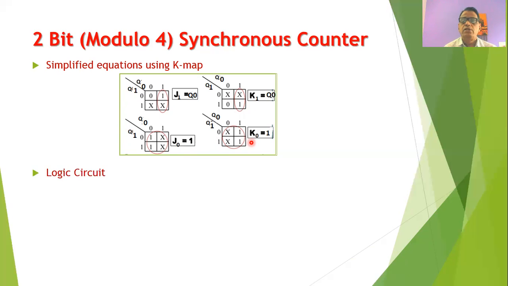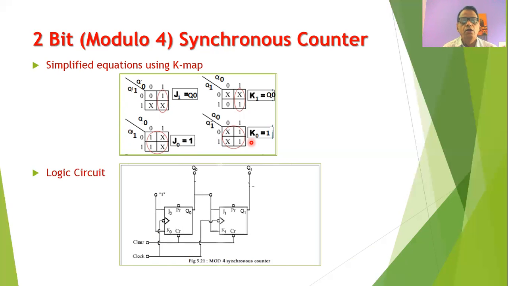Now, once the equations are ready, you can draw the logic circuit for the 2-bit or modulo 4 synchronous counter. There are 2 flip-flops required. The clock terminal of both flip-flops is made common, and the clock pulse is simultaneously applied to both since it is a synchronous counter. Clear inputs are also made common. Preset inputs are kept at 1.